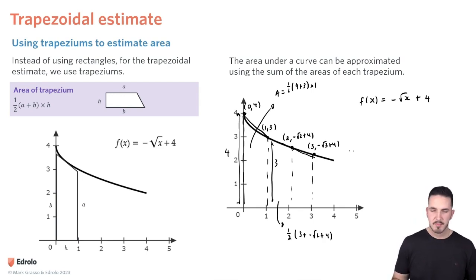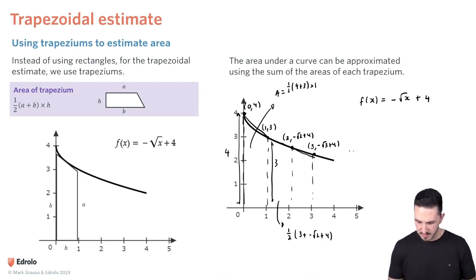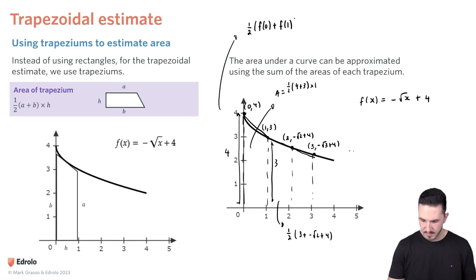I want to generalize something for you. If we look at the first trapezium, we have a half of 4 plus 3, so essentially adding the first two y values. So the sum of the areas would be a half of f of 0 plus f of 1, then plus a half of f of 1 plus f of 2.